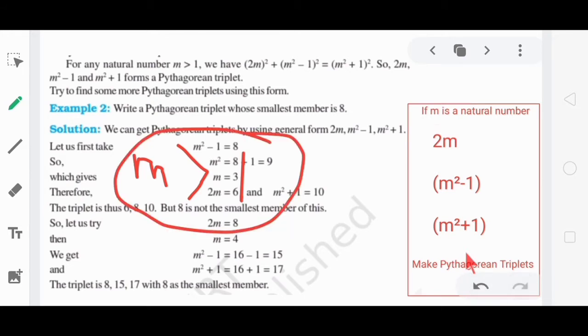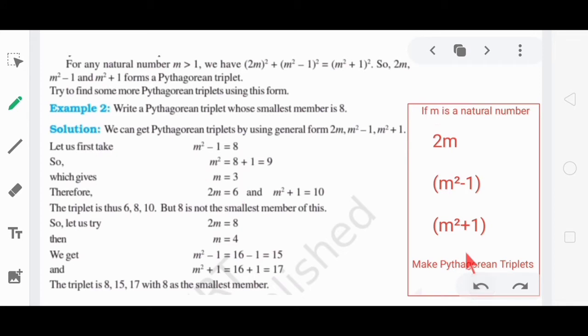In that condition, we have a formula which gives a Pythagorean triplet. If m is a natural number greater than 1, then the first number of the Pythagorean triplet is 2m, the second number is m square minus 1 and the third number is m square plus 1.